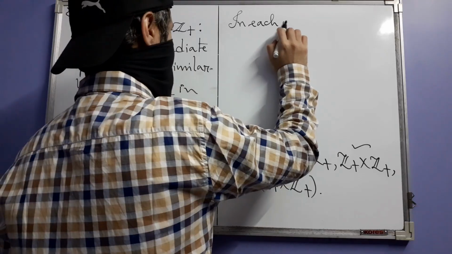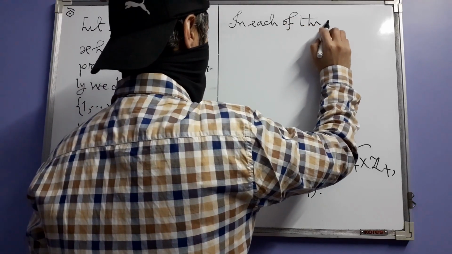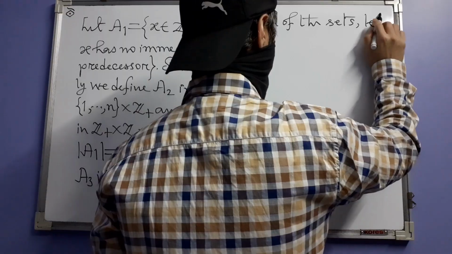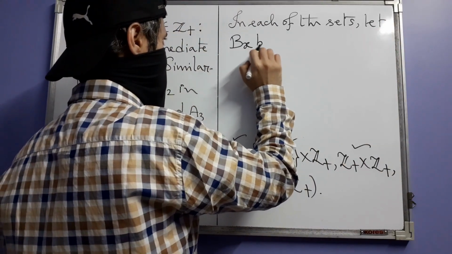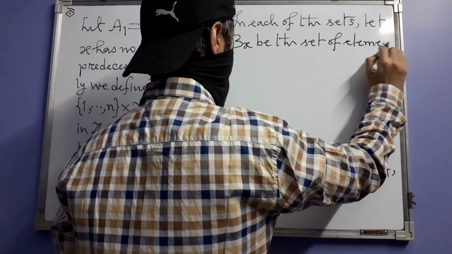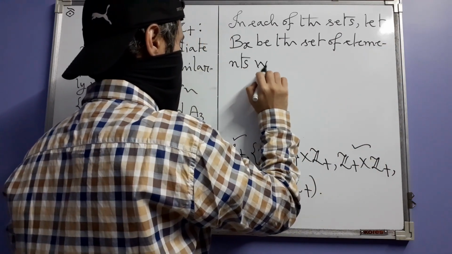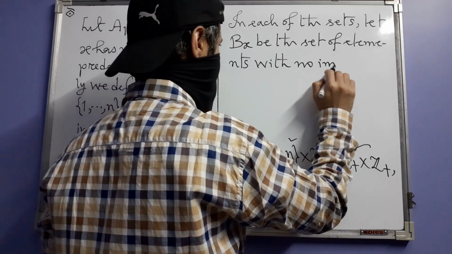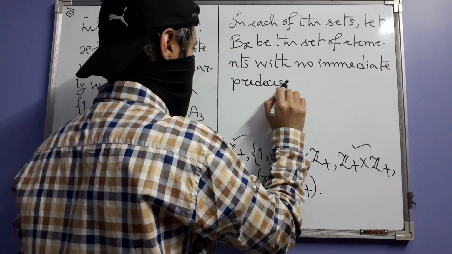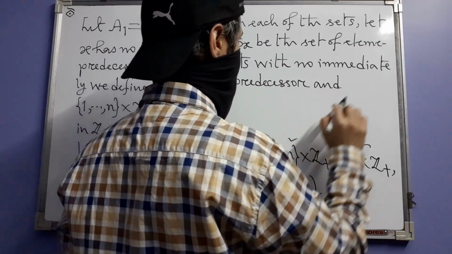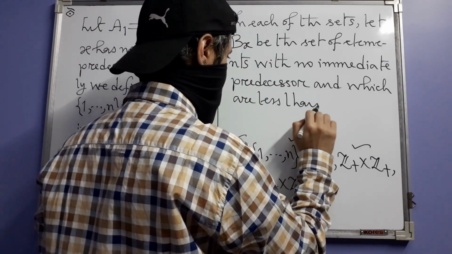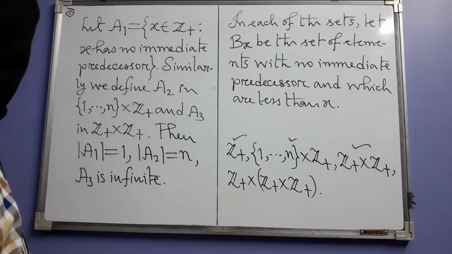In each of these sets, let Bx be the set of elements with no immediate predecessor and which are less than x. So you understand what Bx is.